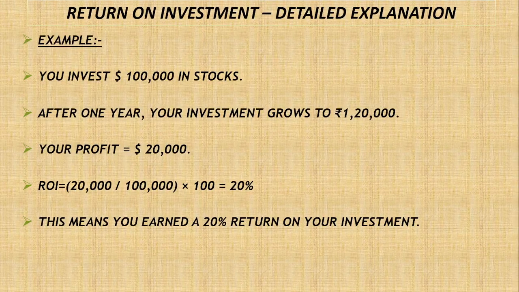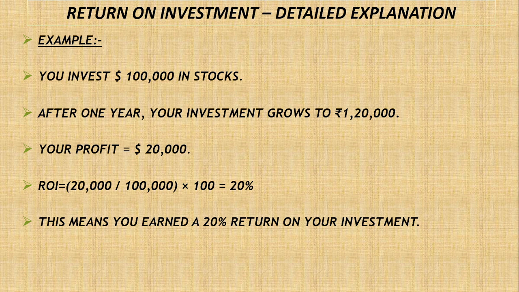Example: you invest 100,000 US dollars in stocks. After 1 year, your investment grows to 120,000 US dollars. Your profit will be 20,000 US dollars. ROI will be simply 20,000 divided by 100,000 multiplied by 100, that is 20%.